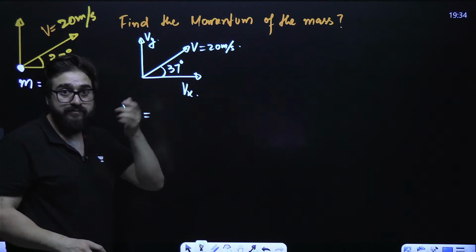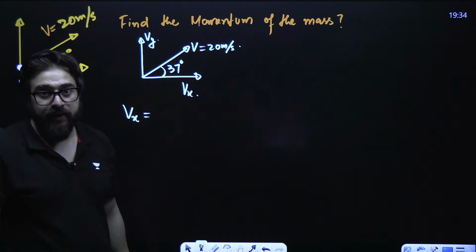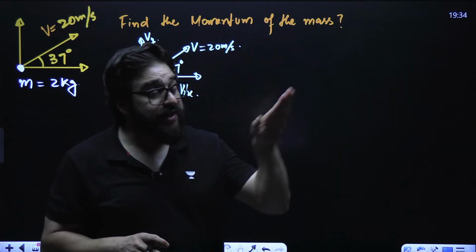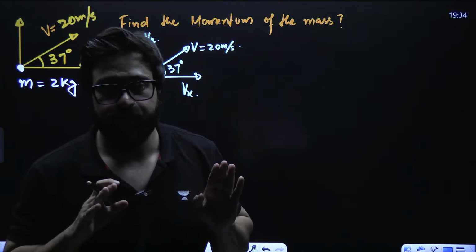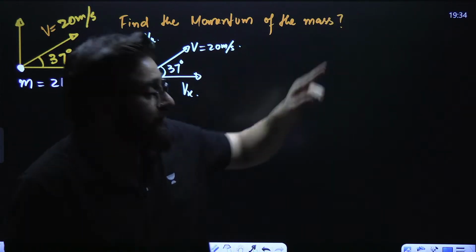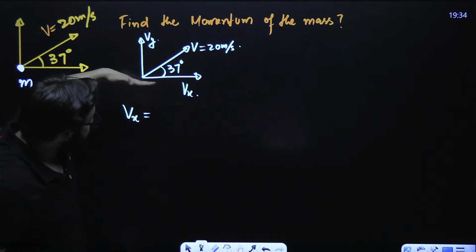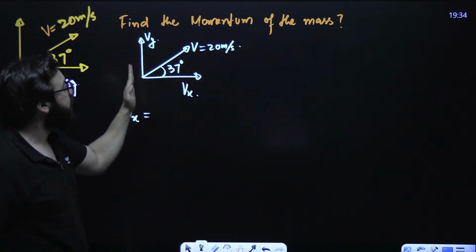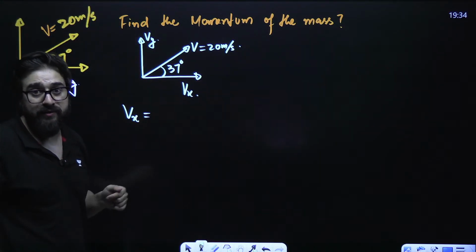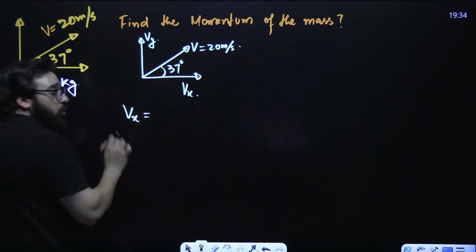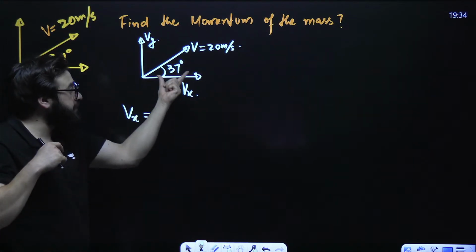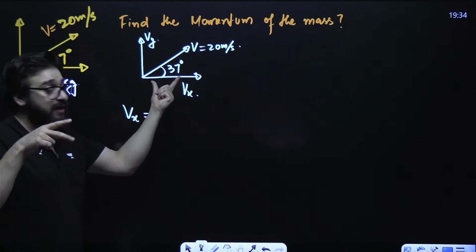Remember, a vector can be resolved into two components. This vector has effect in the horizontal direction as well as in the vertical direction. That's what I'm saying.